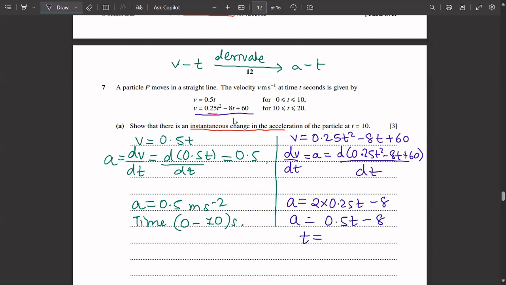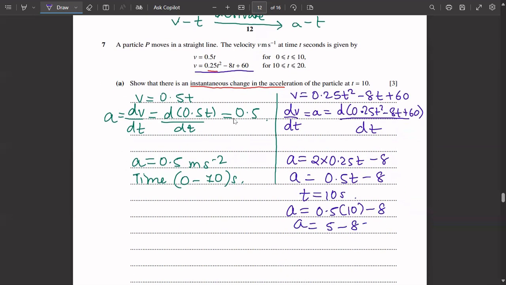Now we can put t equals 10 here. This should be a at t equals 10 seconds. 0.5 into 10 minus 8. So a will be 5 minus 8, which is minus 3 meter per second square.